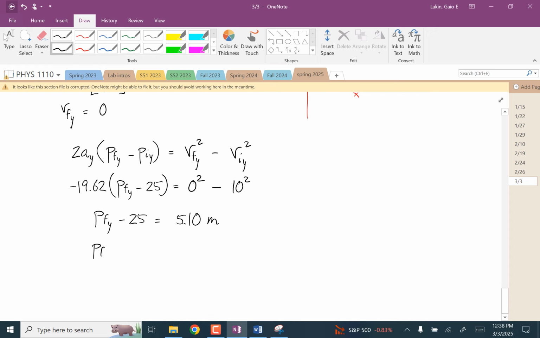And therefore PFY is equal to 30.10 meters. So the speed of the helicopter makes this thing travel 5 meters up before it goes back down.